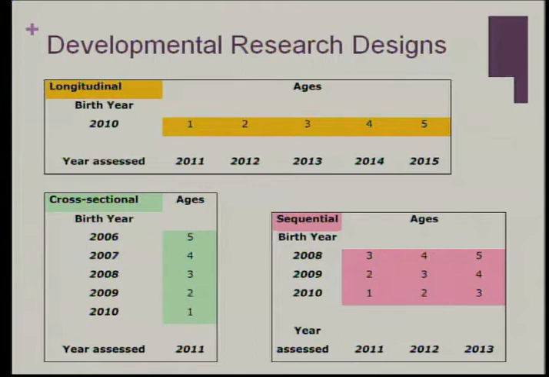Now, a drawback to both longitudinal and cross-sectional designs is something known as cohort effects. Essentially, cohort effects refer to something important going on historically that could impact children's responses. If you think about when 9/11 occurred, a lot of children suffered as a result of the images they were seeing on TV, and there was a lot more anxiety happening in children.